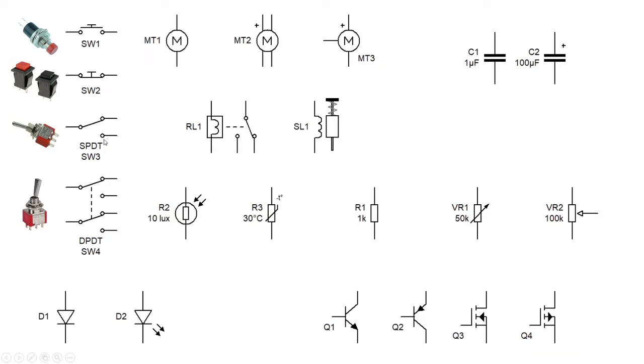A dual throw is pretty much as good as a single throw. You just don't have to wire one of the third spades up, because in one state it's connected this way, but if you didn't have this wired up to anything, it would be on or off. So it's quite good having a dual throw thing like that with a common in the middle.